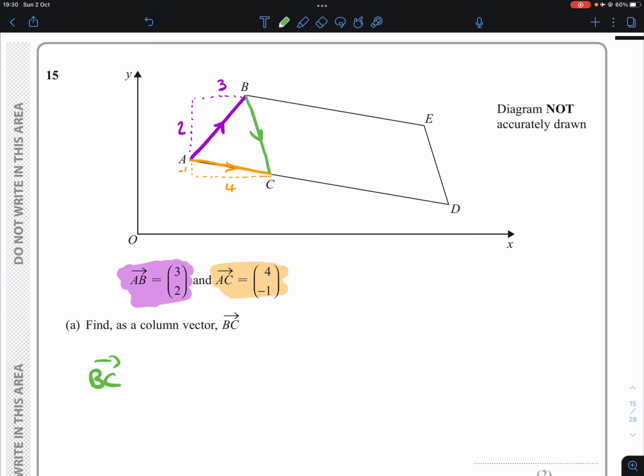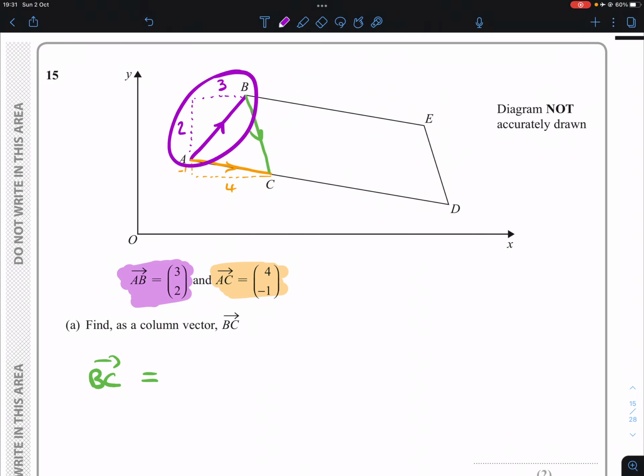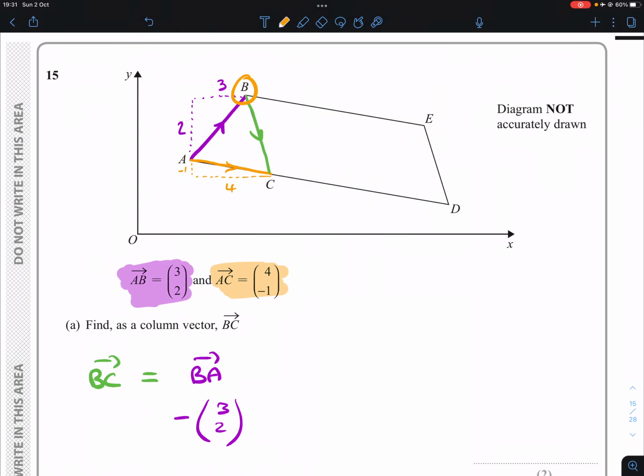To go from B to C, we basically have to go the opposite direction of A to B, which is B to A, which will give us the negative of (3, 2). And then after we have gone from B back to A, we can add the vector A to C. So we have plus A to C, which means we are adding (4, -1).